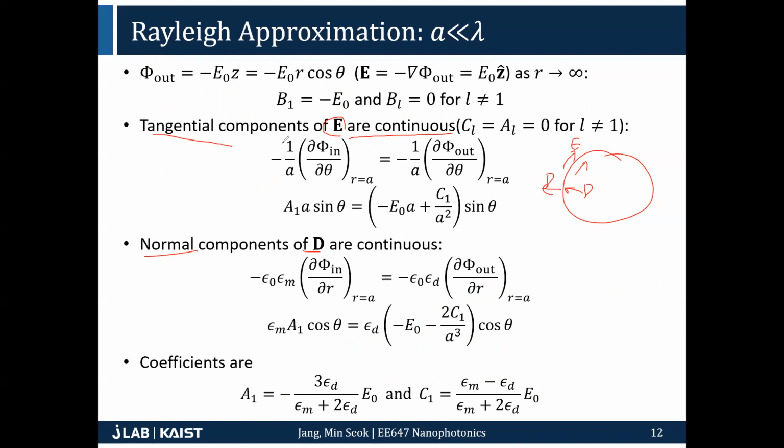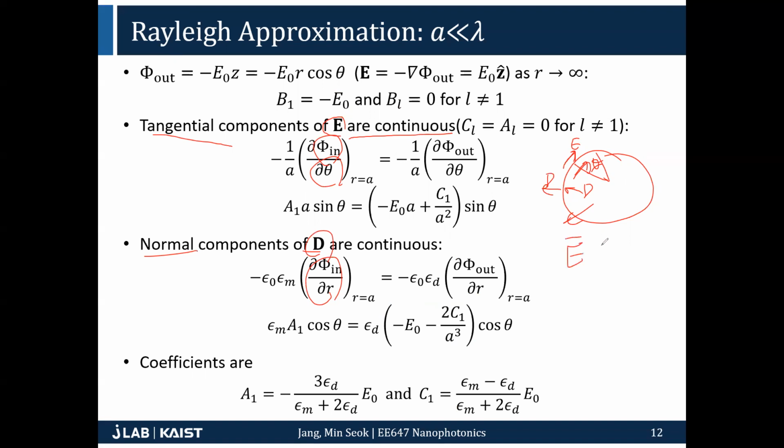How do we apply that condition? If you have the potential function phi, taking the partial derivative along theta gives you the surface-parallel component, and taking the derivative along R gives you the normal component.